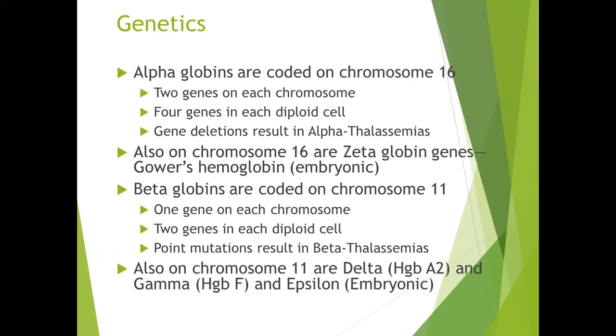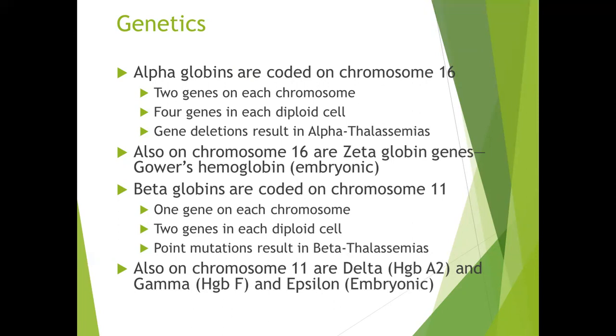So what does the genetics involve? Alpha globins are coded on chromosome 16. We will not go into details. Also on chromosome 16, zeta globin genes, Gower hemoglobin, also exist. Beta globins are coded on chromosome 11, and there is one gene on each chromosome, two genes in each diploid cell. Point mutation results in beta thalassemias.